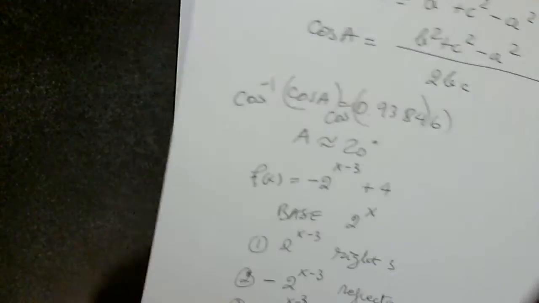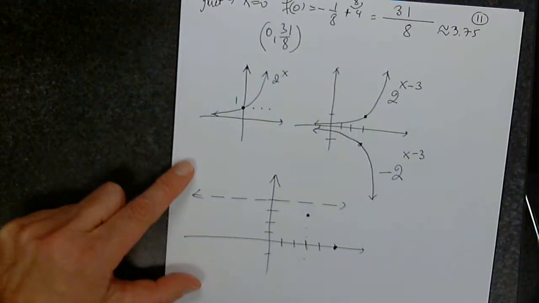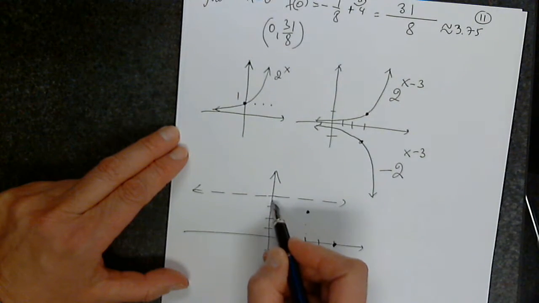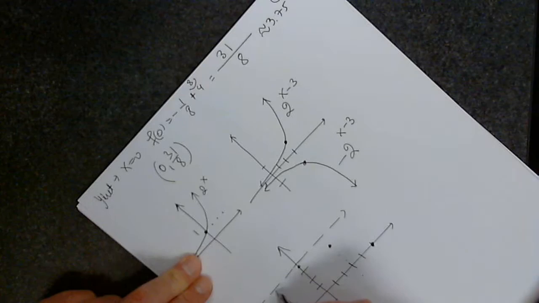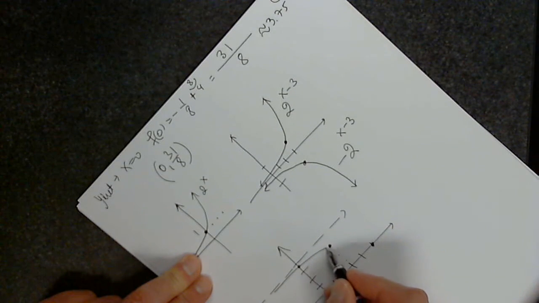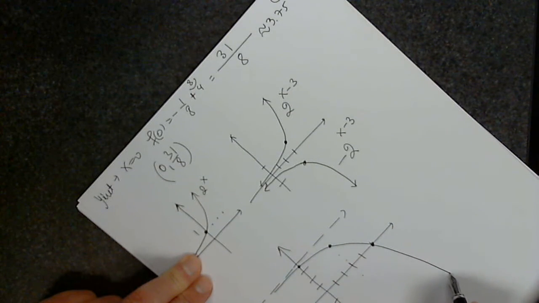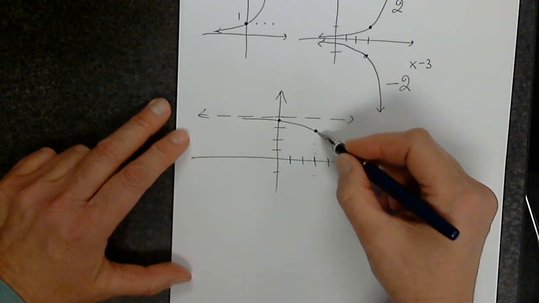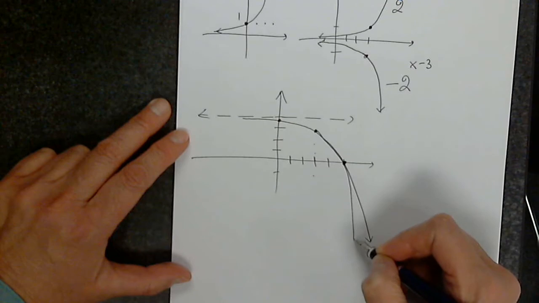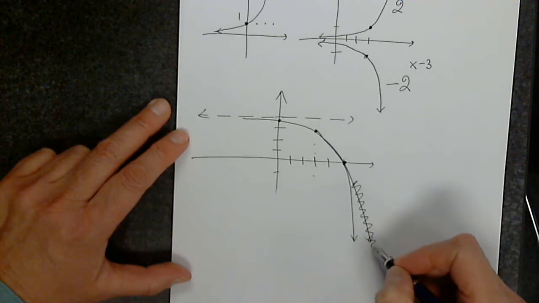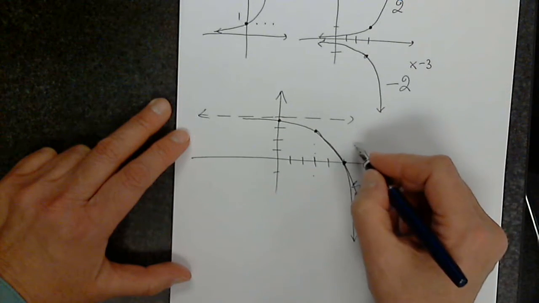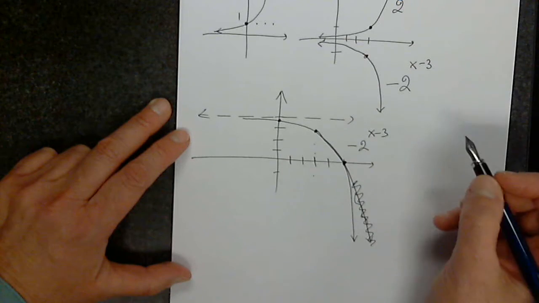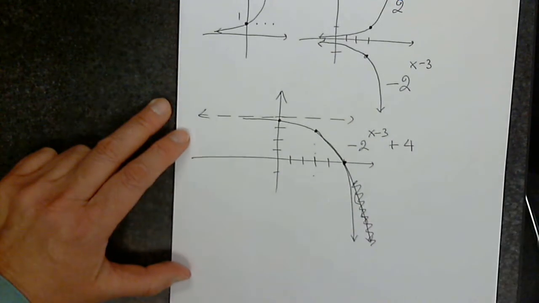And I cannot graph 3.75 other than the fact that it's somewhere here. So this is my graph. It could possibly be a little bit steeper. So the graph is -2 to the x minus 3, plus 4.